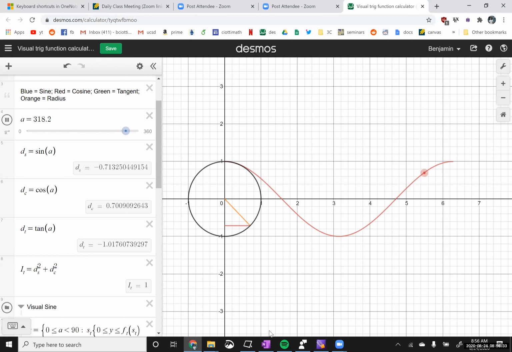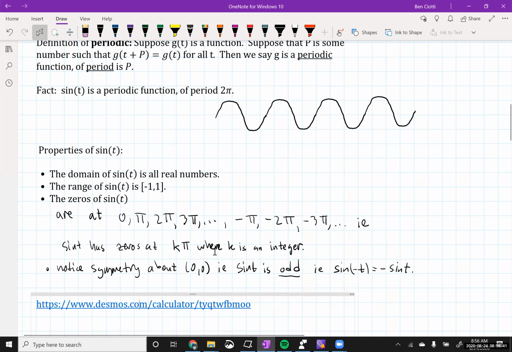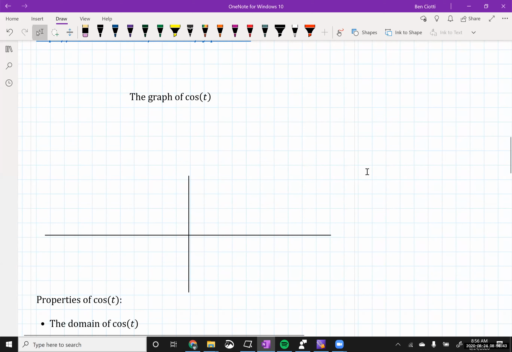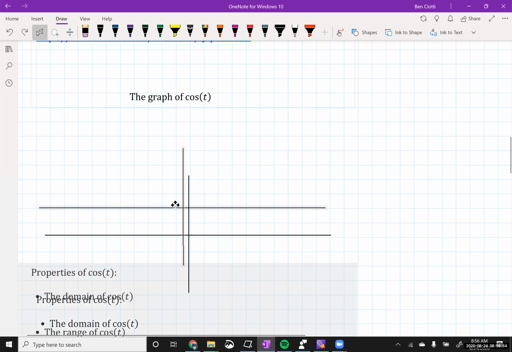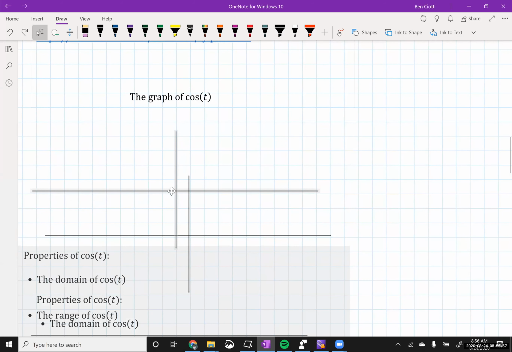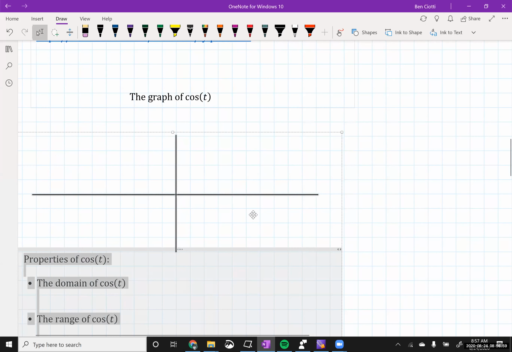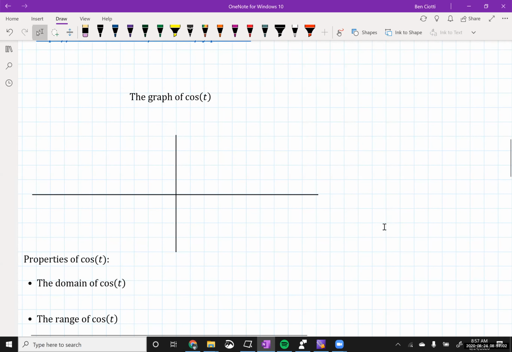So let me make a plot of that now. Here's 1, negative 1, pi.